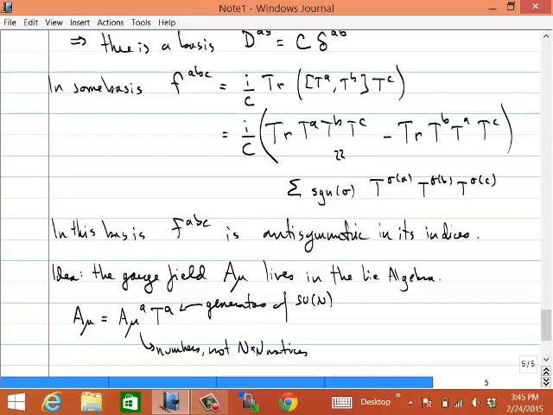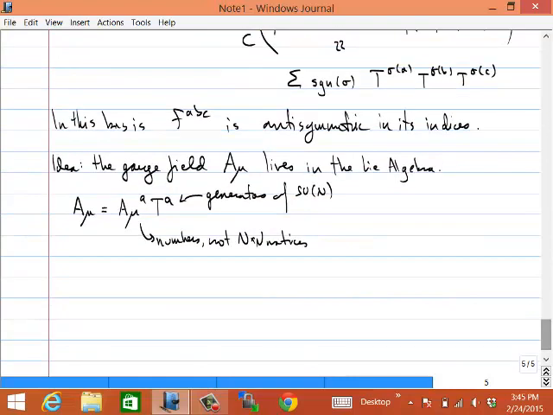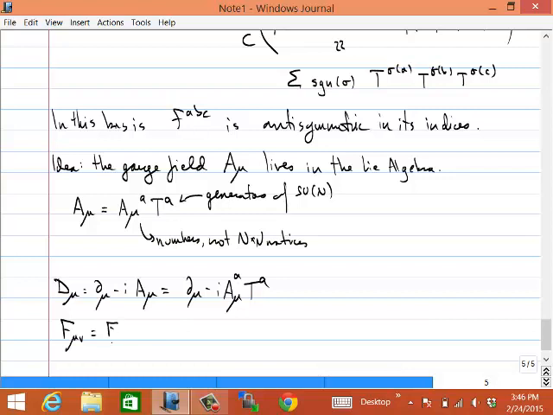Okay. And so, for example, the covariant derivative d mu minus i A would be written as d mu minus i A mu a T a, summed over that index a. And likewise, F mu nu involves derivatives of A, and so it's also an element of the Lie algebra. So we'll write it as F mu nu a T a. If you work it out, we already sort of saw this.